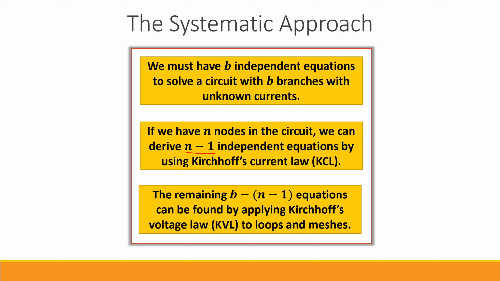So out of the n nodes in the circuit, we can derive n minus 1 independent equations by applying KCL. And the remaining b minus (n minus 1) equations are found by applying Kirchhoff's voltage law to loops and meshes. So that is the basic systematic approach.